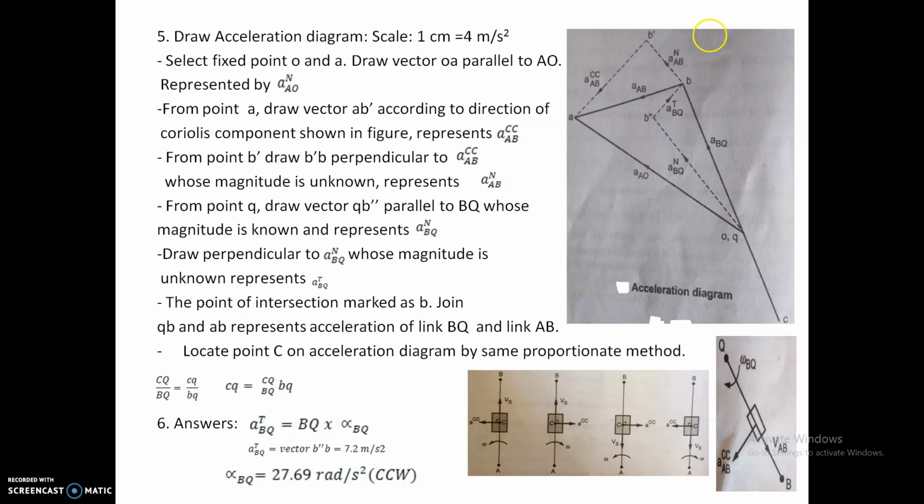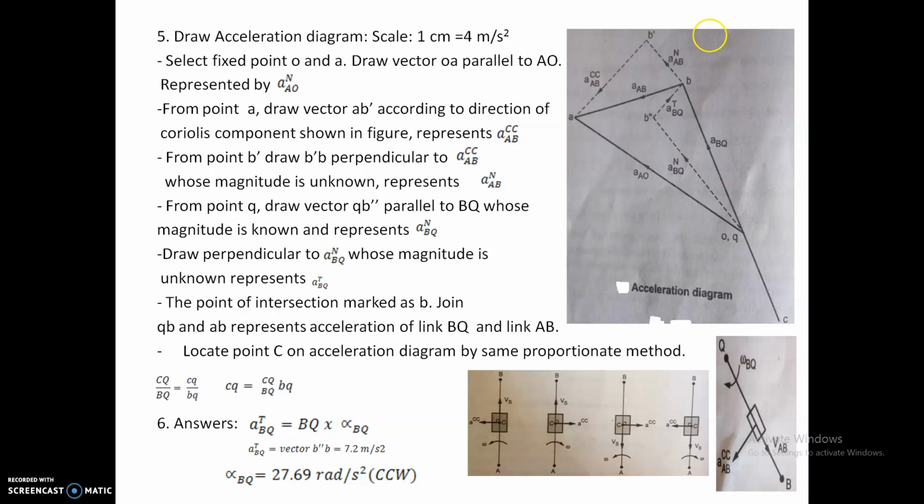And what is the unknown? The unknown is the angular acceleration of link BQ. We have the formula: the tangential component of BQ is equal to the length of BQ times alpha of BQ. The tangential component of BQ is found from the acceleration polygon, and it is b double dash b. You measure the length of b double dash b and multiply by the scale; it comes to 7.2 meter per second square.